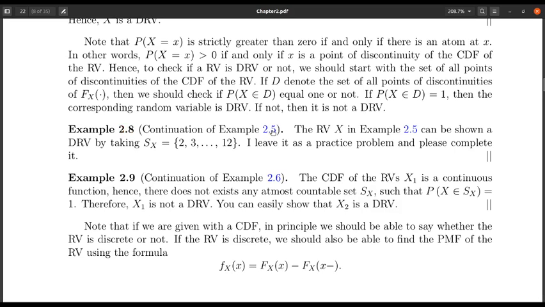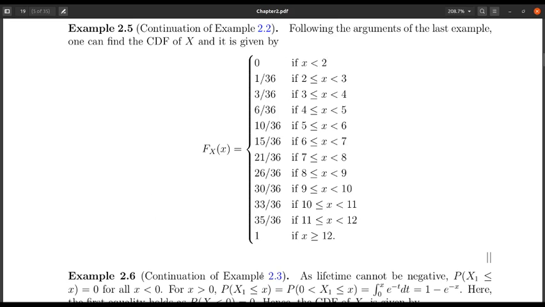In example 2.5 we had a cumulative distribution function, and if you take all its discontinuity points, which are 2, 3, 4, 5, 6, 7, 8, 9, 10, 11, and 12, and add up the amounts of the jumps, the lengths of the jumps, it will be 1. So in this case it turns out to be a discrete one.